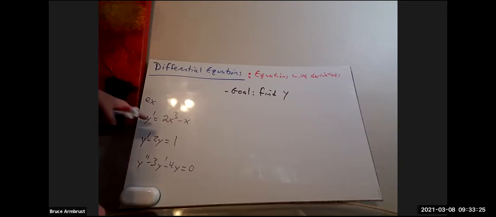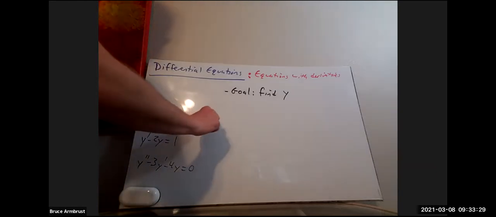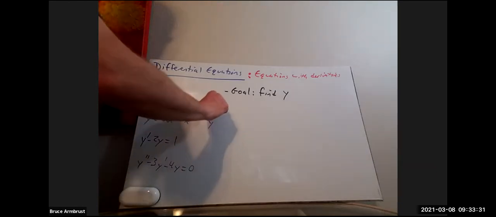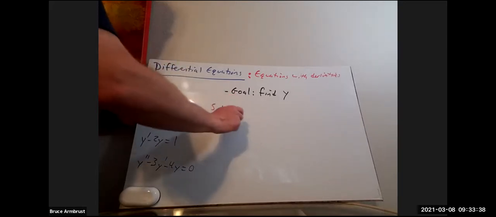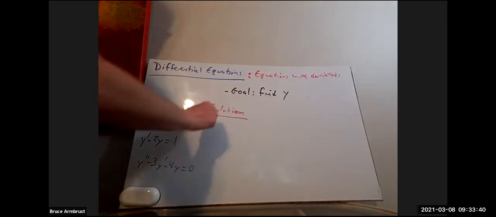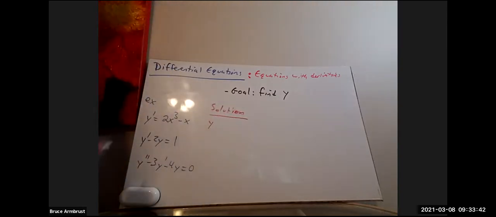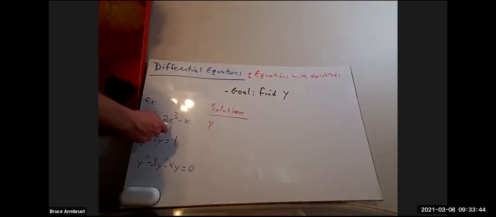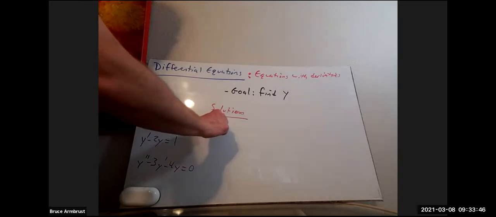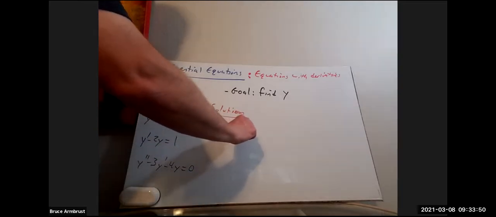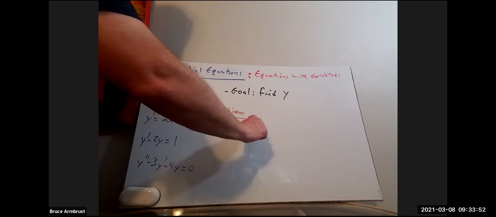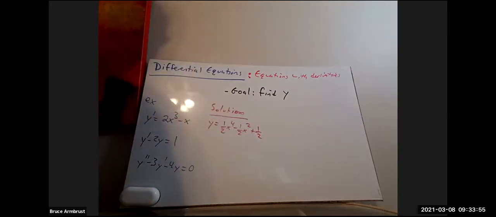All right, so for example, this first one, a solution to this. We'll make a column here with the solution. So a solution to this equation would be 1/2 x to the 4th minus 1/2 x squared plus 1/2.